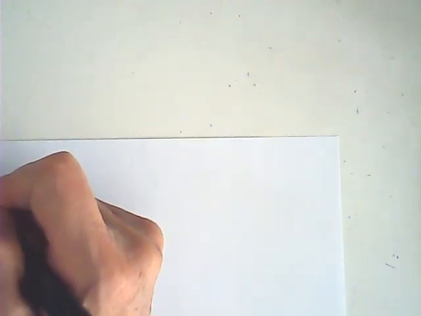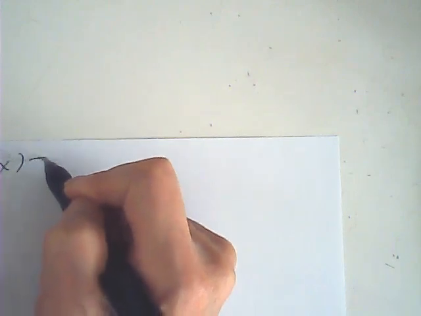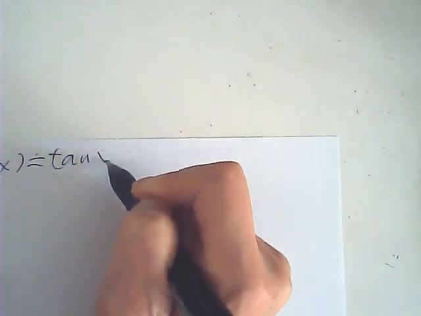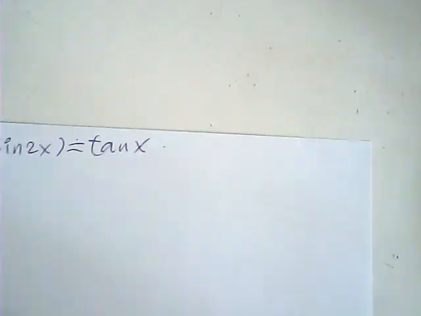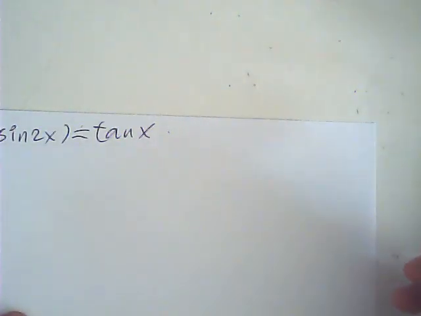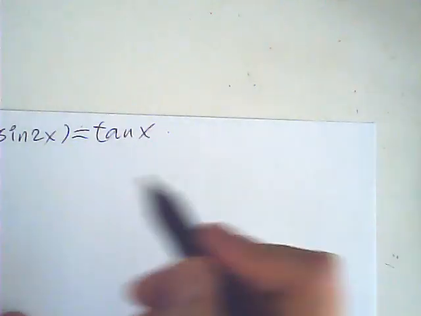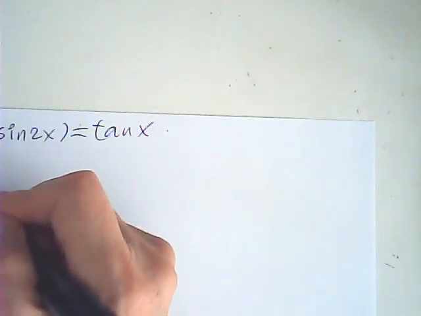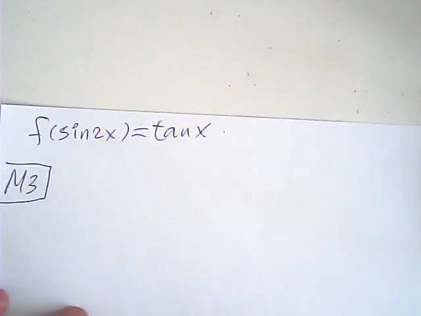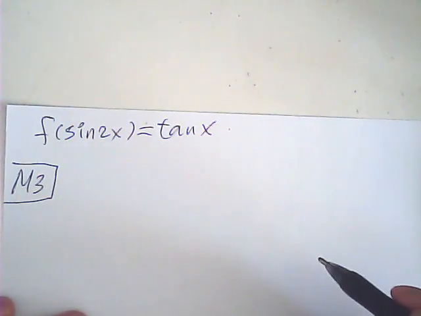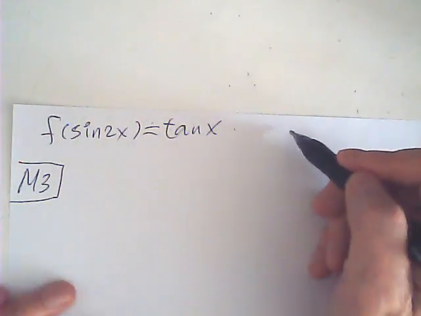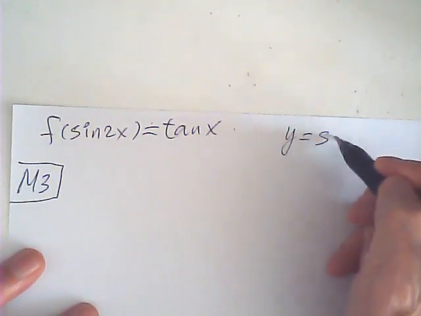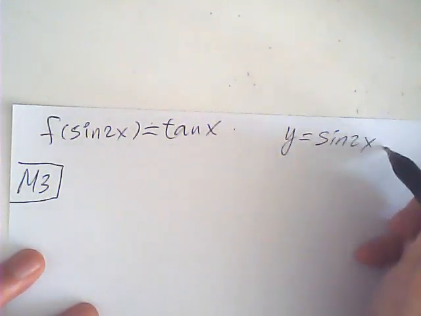Method 3. Sine 2x is equal to tangent x. Method 3. Well, I start with this y equal to sine 2x.